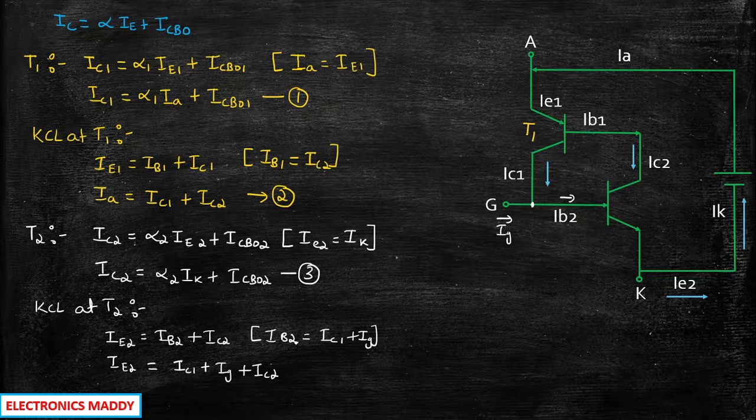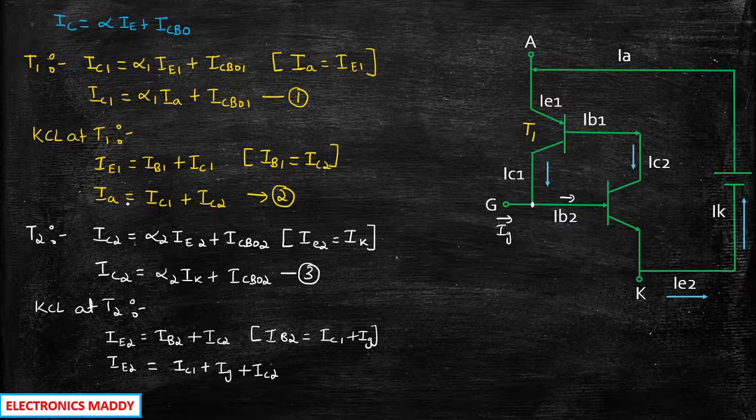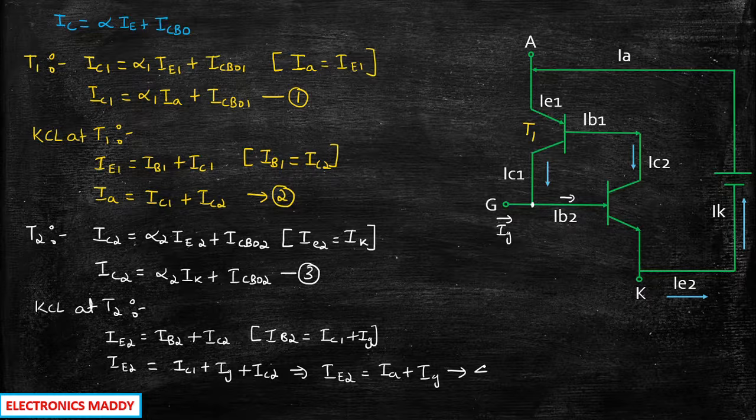Now from equation number 2, IA is basically IC1 plus IC2. We have IC1 here and IC2 here, so the sum of these two can be replaced as IA, isn't it? So this expression can be rewritten as IE2 is equal to IA plus IG. This is called equation number 4.